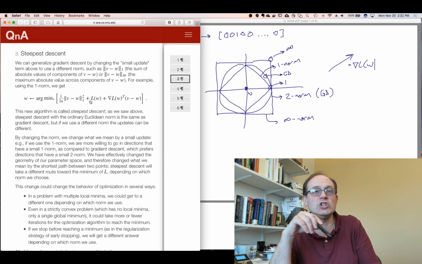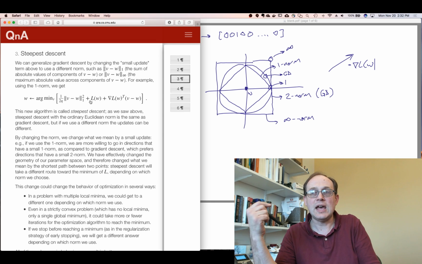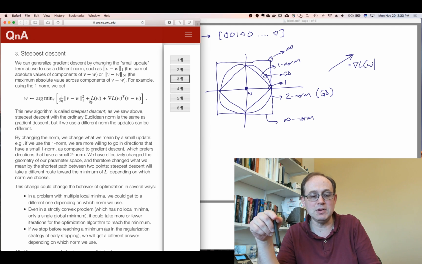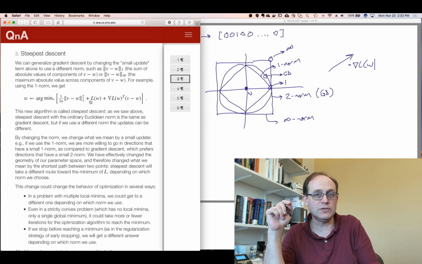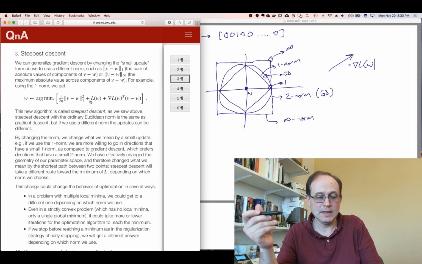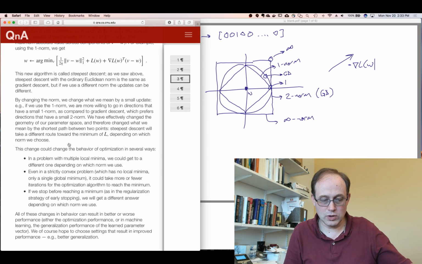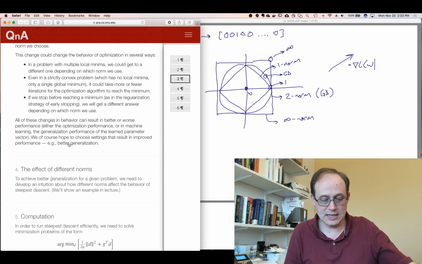But it can change how fast or slow we get there, and maybe even more importantly, if we use early stopping, if we stop the optimization before we get to the minimum, we will have taken a different path, and so we might get to a very different point.